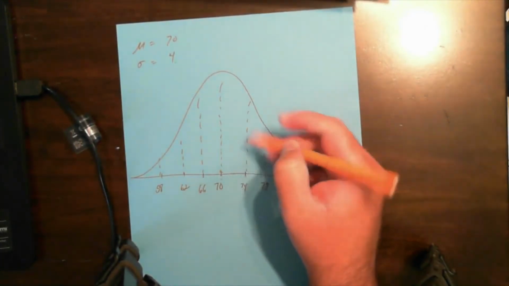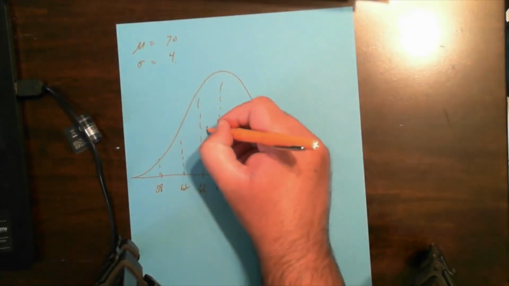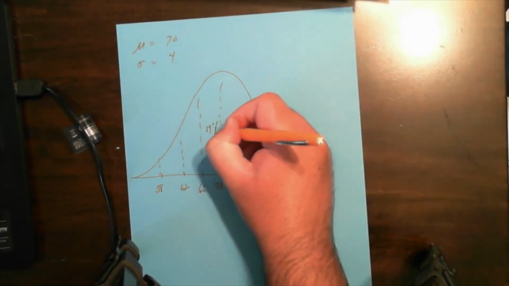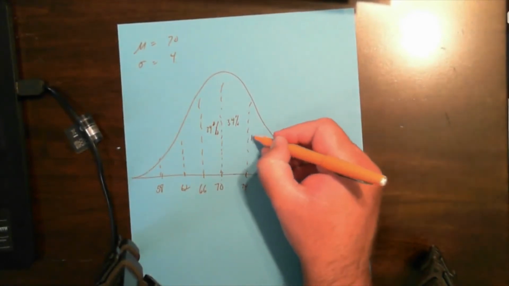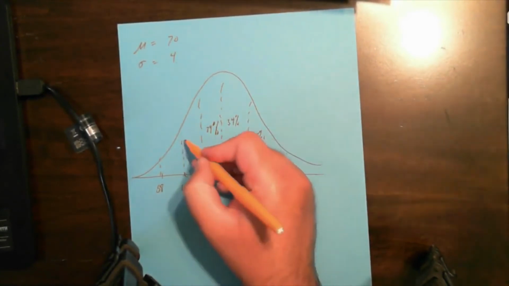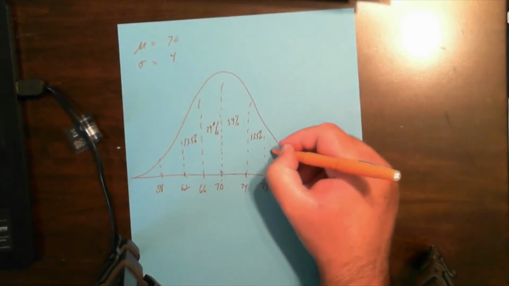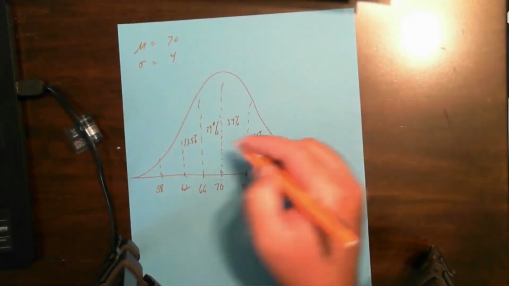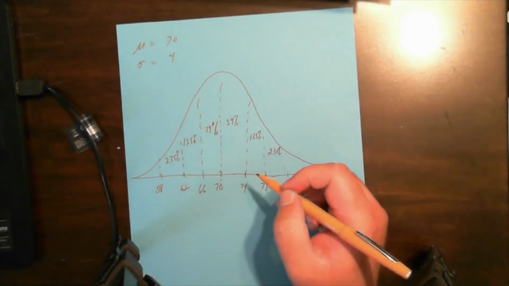So I know that between 70 and 74, I'm going to have 34% of the data. Same between 66 and 70. Between 74 and 78, I'm going to have 13.5% of the data. Same between 62 and 66. Between 78 and 82, I'm going to have 2.35% of the data, the same as between 58 and 62.